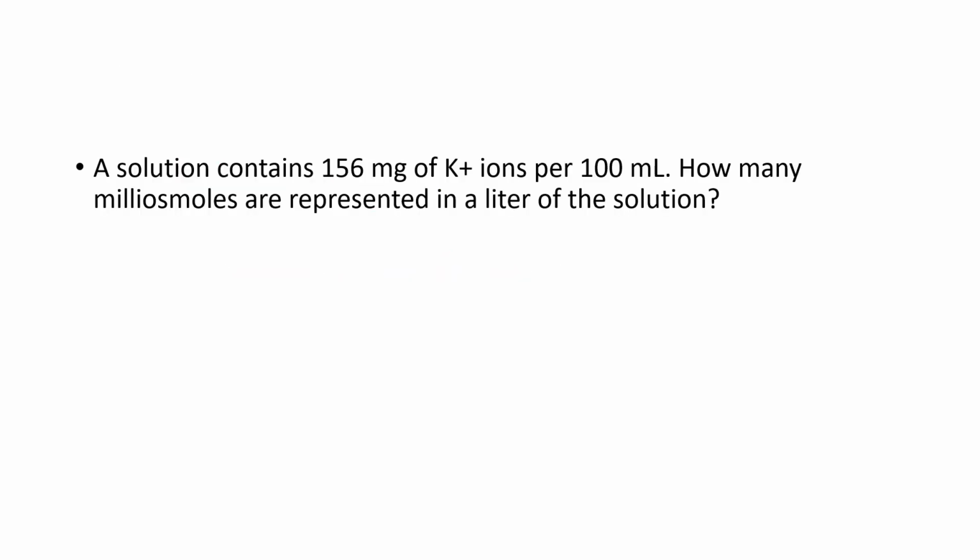Take for example this one: a solution of 156 milligrams of potassium ions per 100 ml. How many milliosmoles are represented in a liter of solution? Potassium is 39. That's the molecular weight. So 156 per 100 ml.